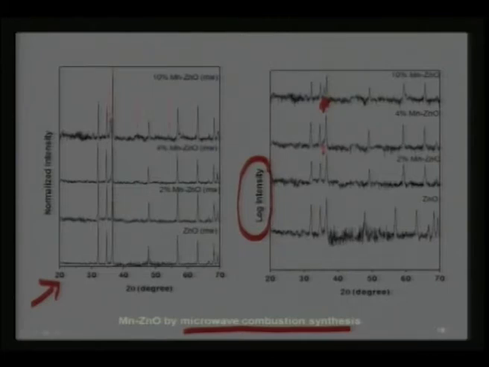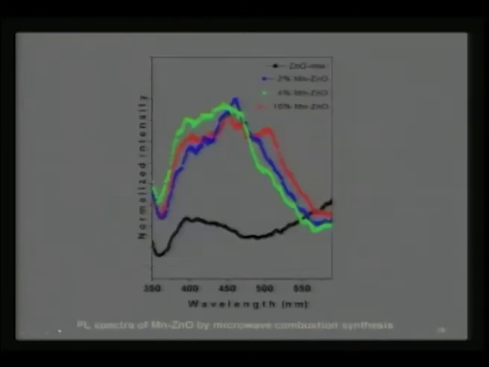Therefore, it is very important for us to carefully look at the signature that is coming out. Note, for example, these are all the signatures for MnO which is coming out of the zinc oxide lattice. So, microwave combustion seemingly is able to dope manganese, but there is also a residual impurity that is seen, and the PL spectra is completely plagued with defect concentration.